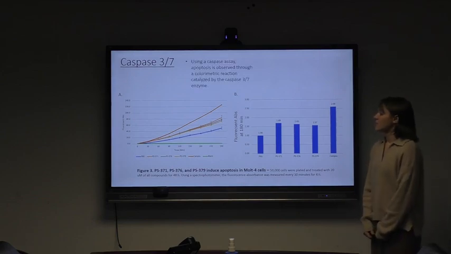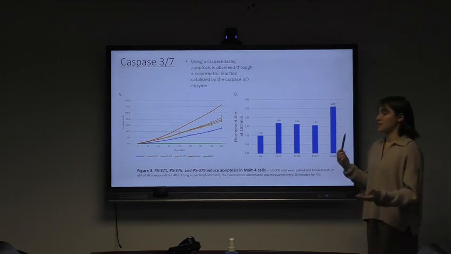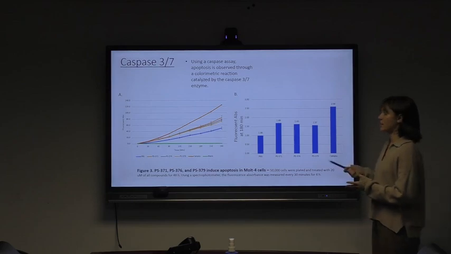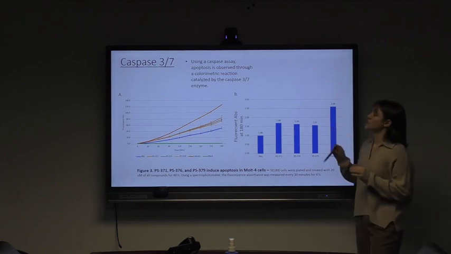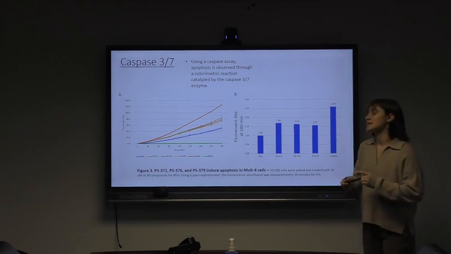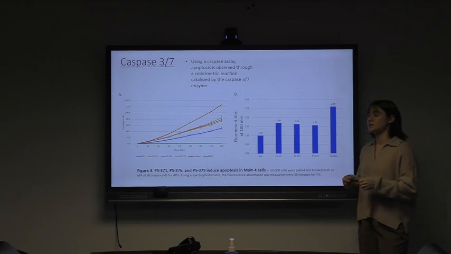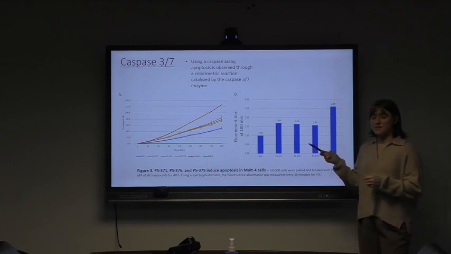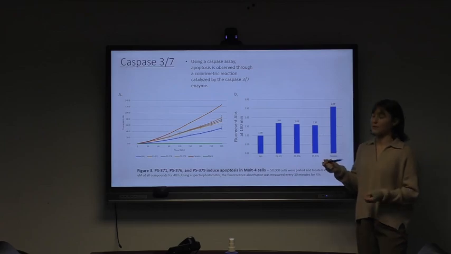Next, please. And then next, please. Here we're going to observe another mechanism of cell death, apoptosis, and we're going to use a colorimetric assay using caspase 3 and 7 enzymes. Caspase 3 and 7 are proteases, so they degrade cellular components. An increase of these caspase proteins suggests programmed cell death, or apoptosis.